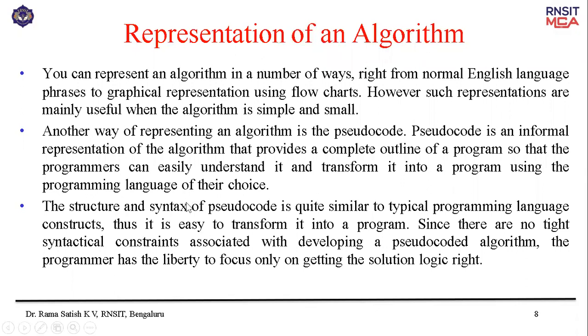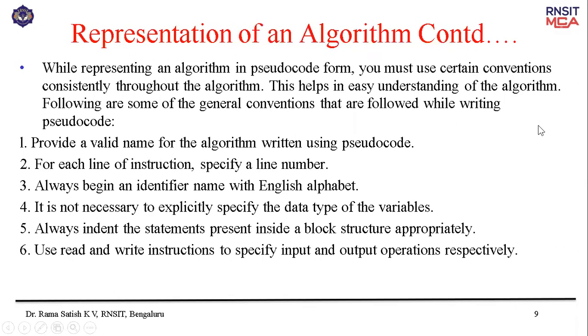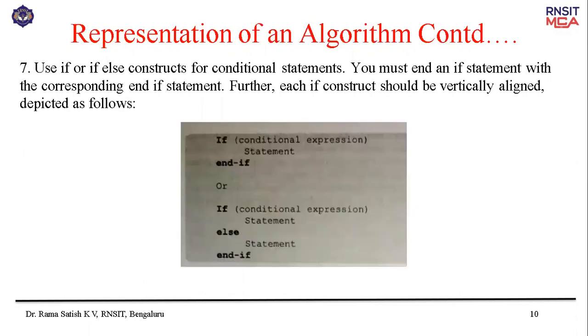An algorithm can be represented in 2 forms. One is using a flowchart, another one using pseudocode. While using pseudocode, there are 10 different conventions that you have to follow. This is very important. In the examination also, they'll ask these 10 conventions, and you need to answer this. Whenever you write an if statement, it should have an end if.